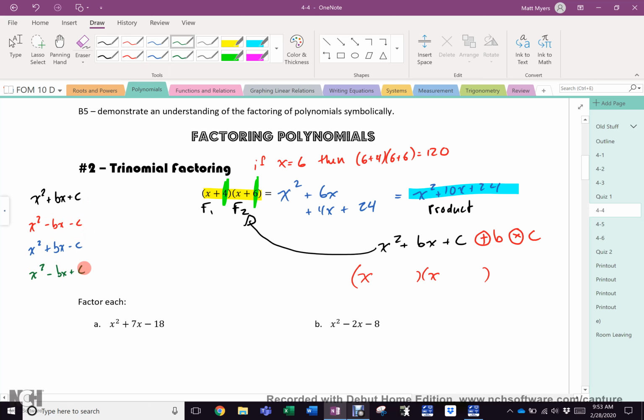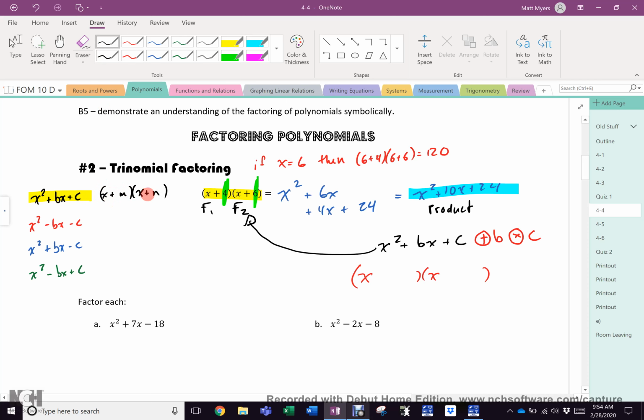Yes? Now, you're intelligent young people. When they're both positive, what type of numbers add together to make a positive number and multiply together to make a positive number? They must be two positives. So this would be x plus m and x plus n.